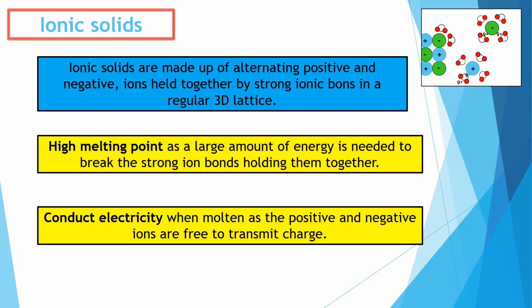Now, when an ionic solid is liquid, it's called molten. It's been heated enough to turn it to a liquid. Then the positive and negative ions are free to move, and they can transmit charge. Actually, if they're dissolved in water, the particles are also free to move, and they'll conduct electricity then. So there's 2 times that ionic solids can conduct electricity.